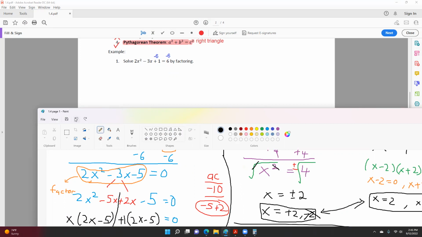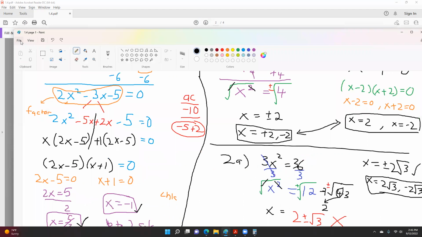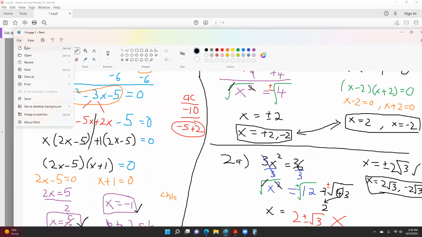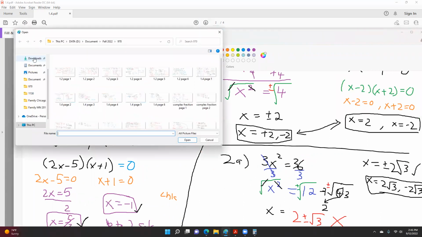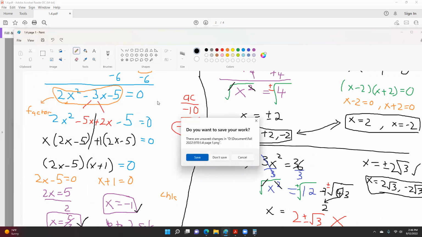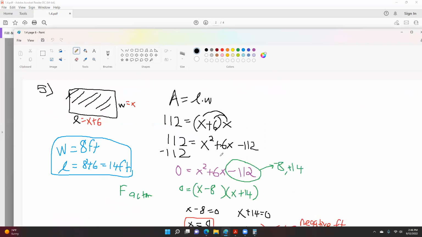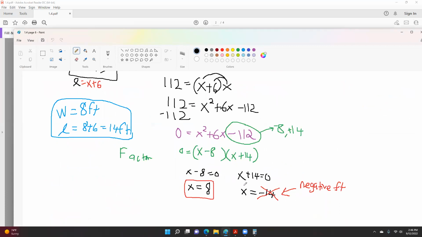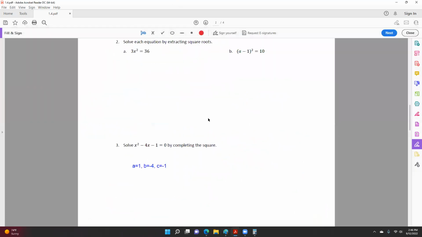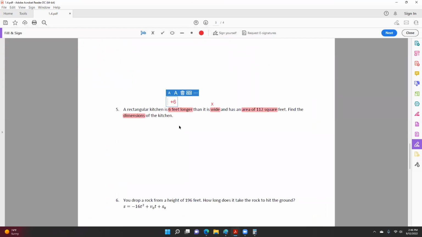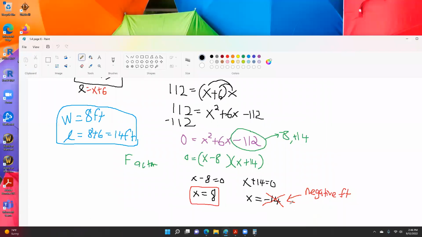So that's the reason why when you guys do word problems, you have to think another step, which is, once you get your answer, does that mean that is your final answer? So when you get this, you have to think about why we cannot take this answer. And this only happens when you do the word problem piece. Okay, so we are talking about areas, and we know you cannot have a negative feet. So this is what we call the domain constraint.